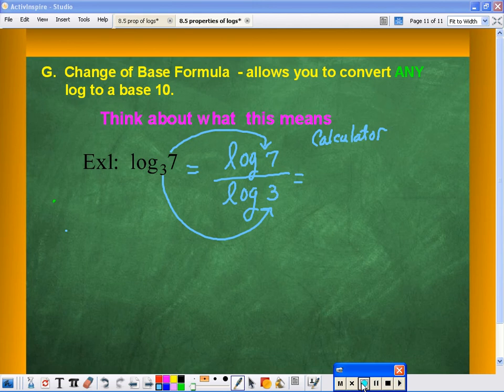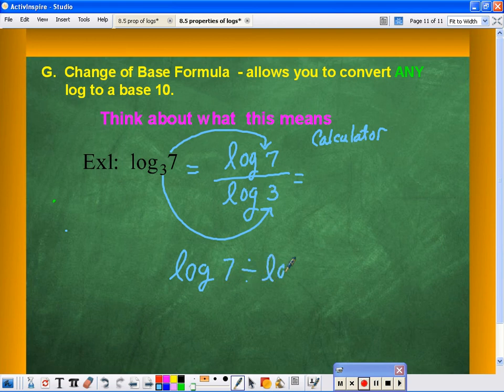So your sequence is going to be to press log 7, then your division key, and do a log 3. That's all I need for you to do. And the answer when you compute it is 1.771247, and it goes on.